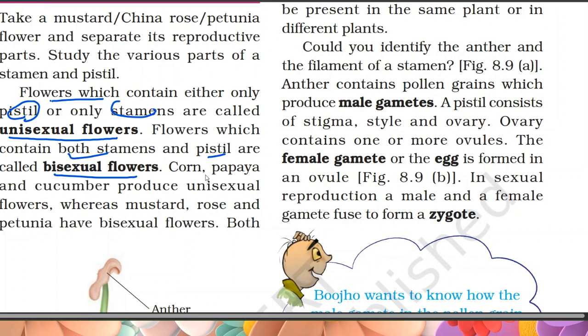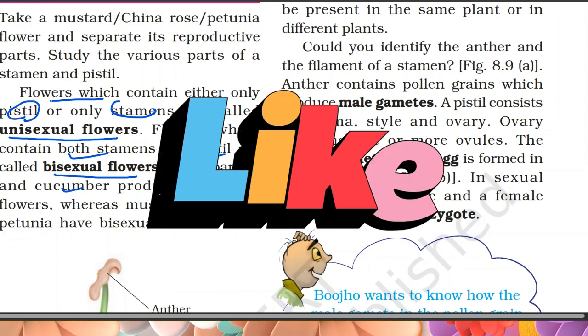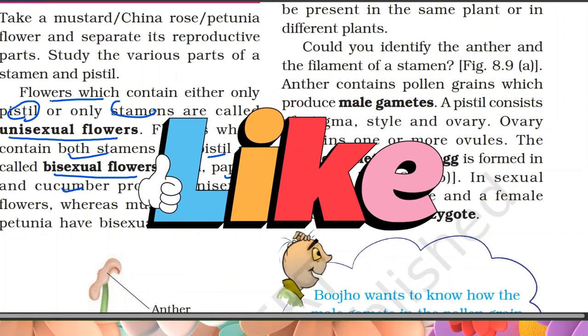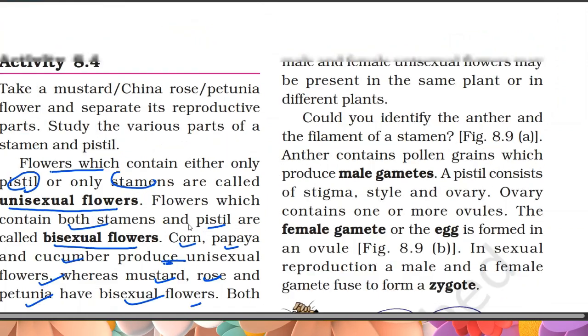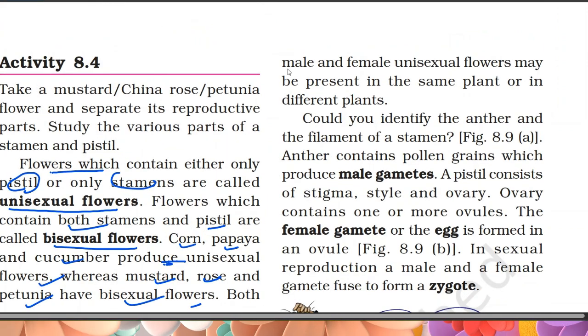We have some examples: corn, papaya, and cucumber produce unisexual flowers, meaning you can find only either pistil or stamen in them, whereas mustard, rose, and petunia have bisexual flowers, which show both the reproductive parts of a flower. Both male and female unisexual flowers may be present in the same plant or in different plants.